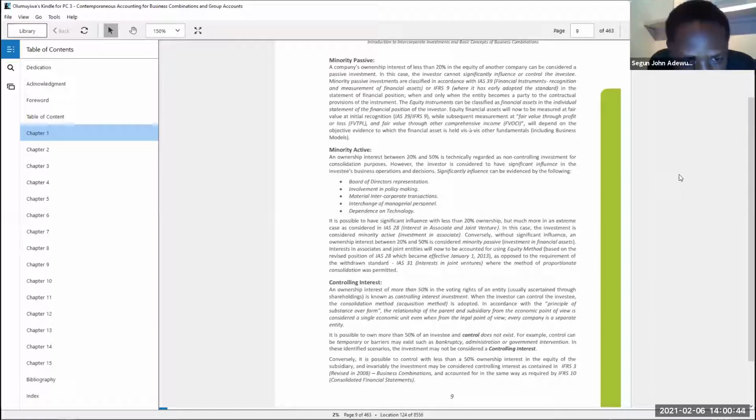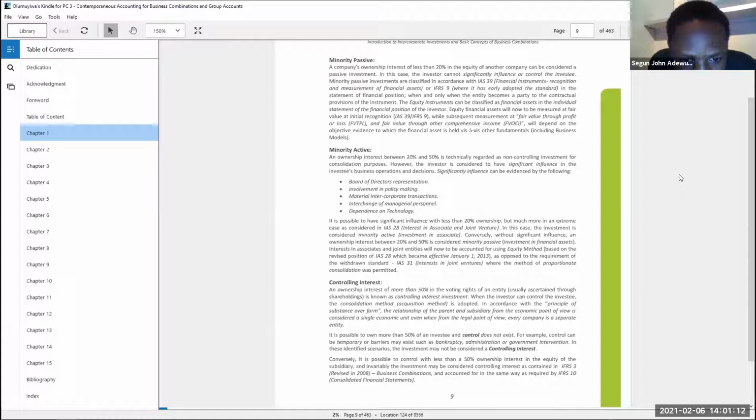Controlling interest: an ownership interest of more than 50% in the voting rights of an entity, usually ascertained through shareholdings, is known as controlling interest investment. When the investor can control the investee, the consolidation method, the acquisition method, is adopted in accordance with the principle of substance over form.